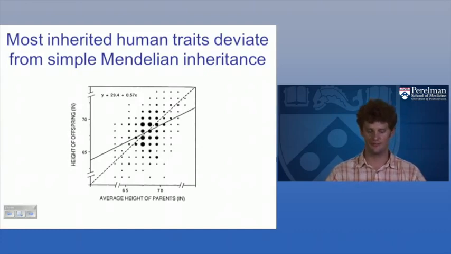You can average the height of the parents, and it's true that if you have tall parents, you tend to have tall children. If you have short parents, you tend to have short children. But there are two big differences here from a Mendelian trait. One, you have all different heights, not just tall and short.